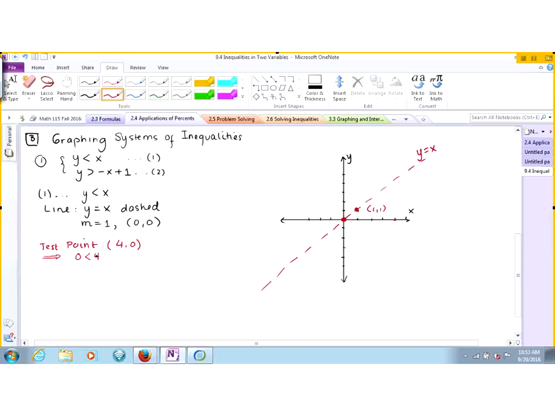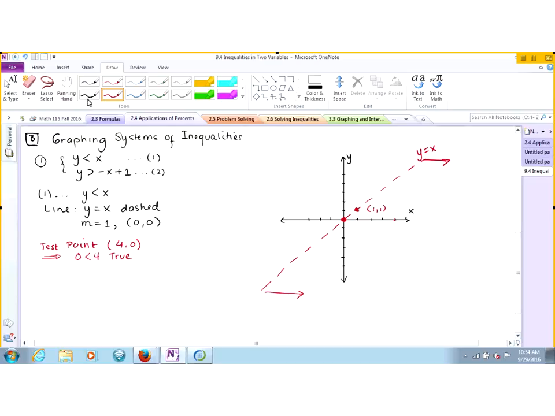Is it true or false? True. Yes. So here, I'm only going to shade the intersection. So I'm going to put an arrow here, meaning this is true. 4, 0, so this is the area that I choose. But I wouldn't shade it at this point, yeah? Because I only shade the intersection. Are we okay so far?